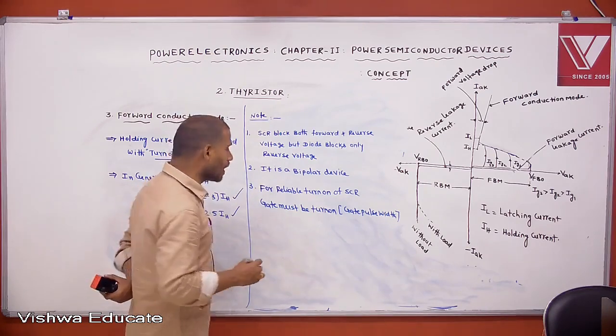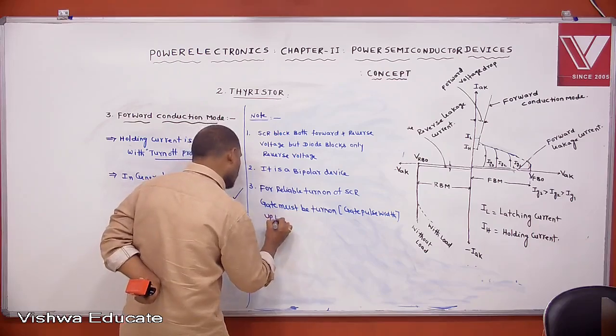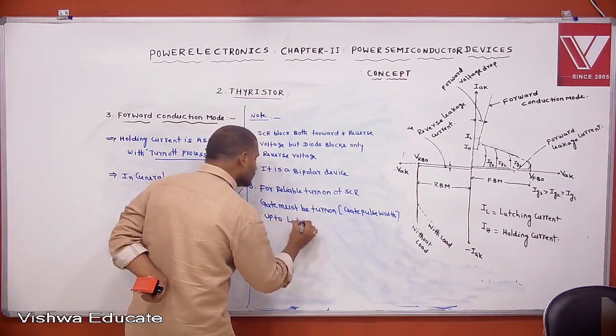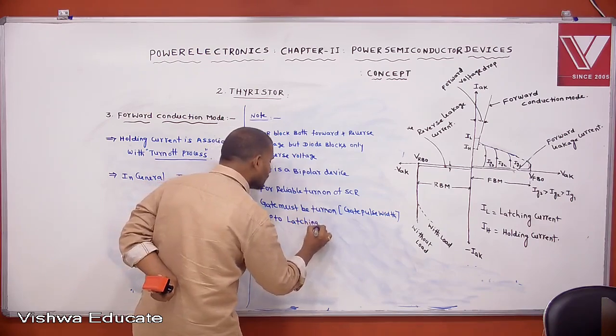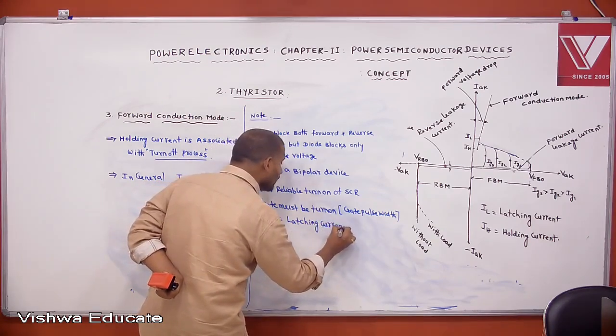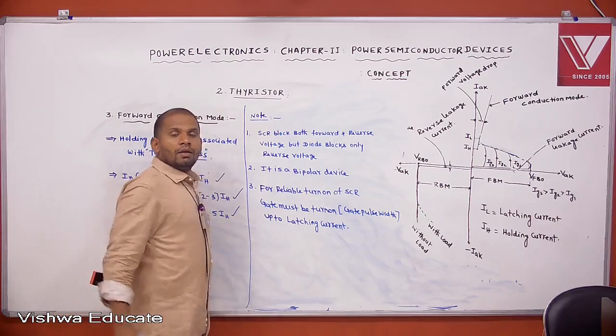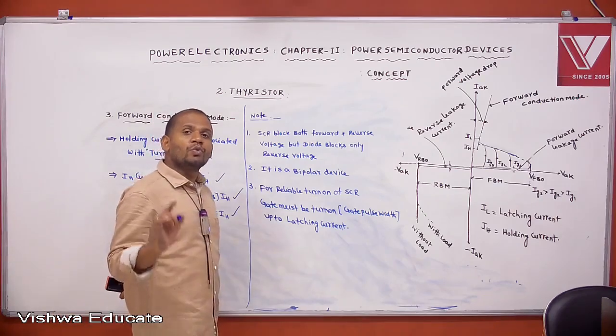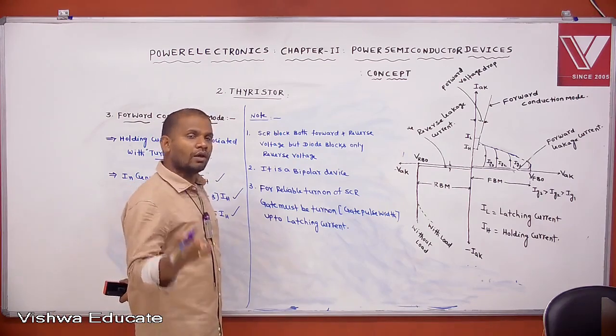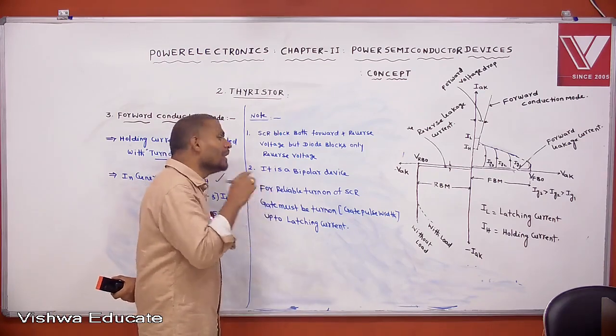Very important: the gate must be kept on up to the latching current. That is the gate pulse width you must maintain; then only will the SCR be reliably turned on.